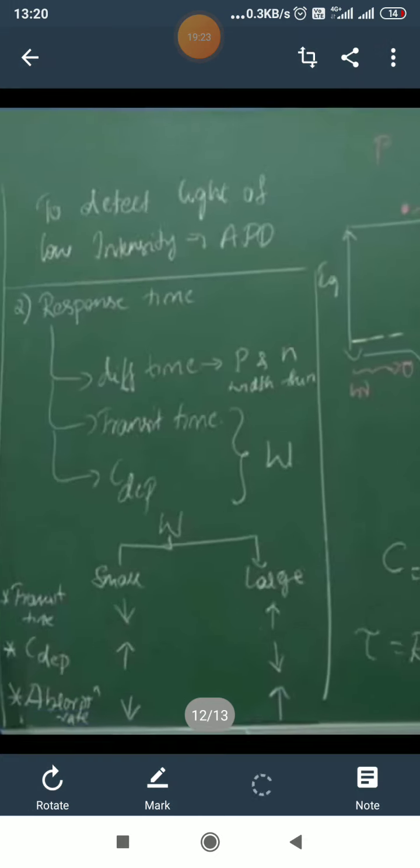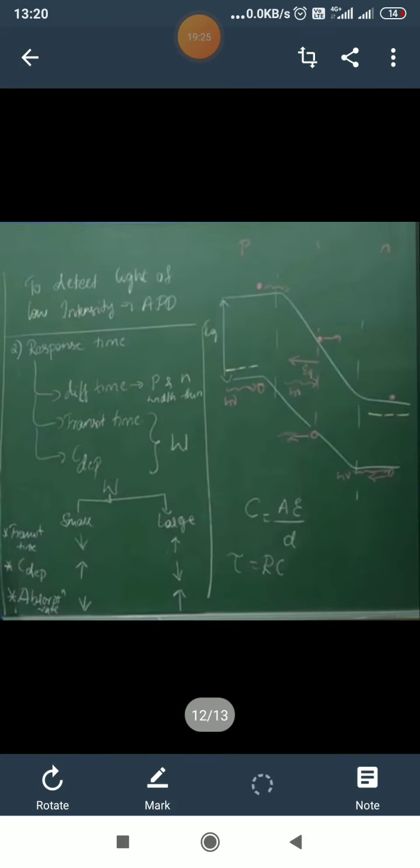Here the diffusion time is the time taken during the diffusion of electrons as well as holes. Where exactly does diffusion take place? Electron diffusion takes place in the P region, and hole diffusion takes place in the N region.